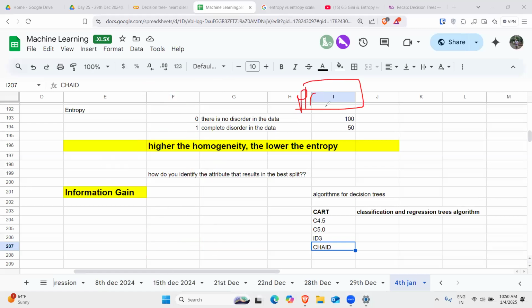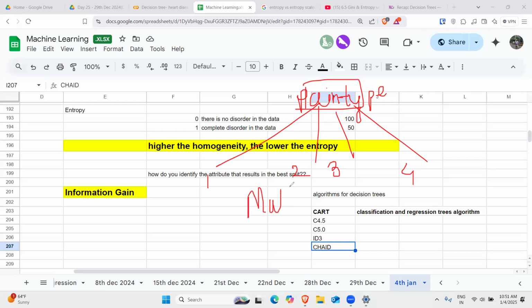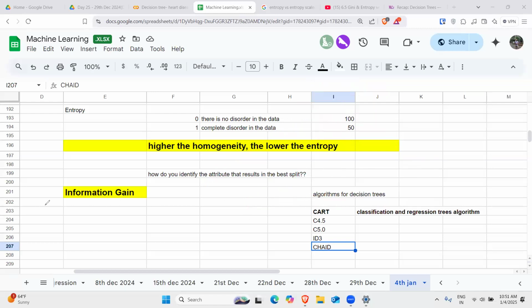Let's say you have pain type, with values 1, 2, 3, 4. This is known as a multi-way decision tree. Right? This is known as a multi-way decision tree.